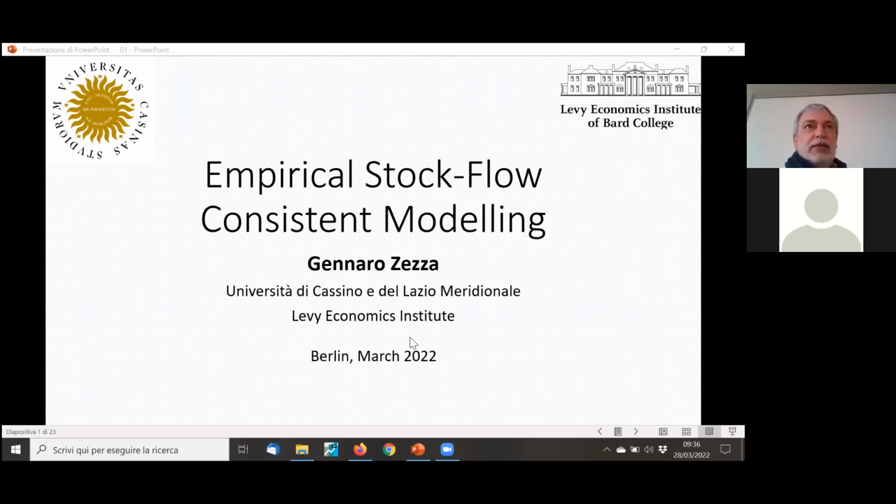And I think the most effective way to learn how to do an empirical stock flow model is to go through each step with you, with the students, but that will take about 6 months. So it's not something that can be done, and especially the part which is most boring and complicated is how to get the data.